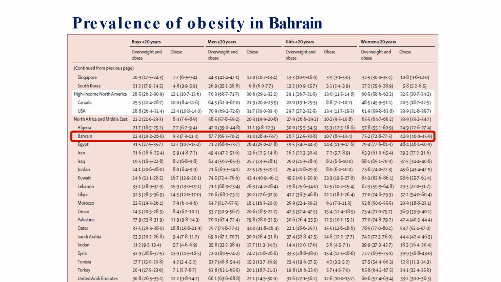If one then looks at men over the age of 20 years, you can see there's a marked increase, with those who are overweight and obese at 67.7% of Bahraini men, of whom 31% are obese, and for women 75% were overweight and obese, with nearly 43% genuinely obese, which are huge figures.